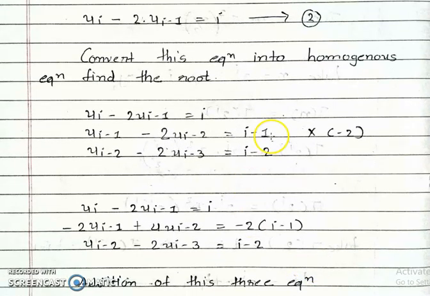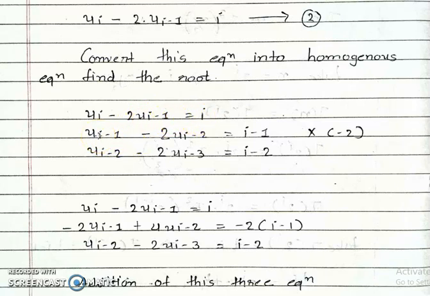Then convert this equation into homogeneous equation and find the characteristic root. Using the substitution method, we define the root of this equation. So write the equation u(i) - 2u(i-1) = i.